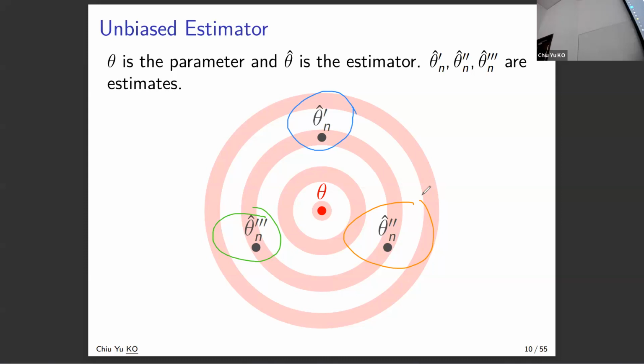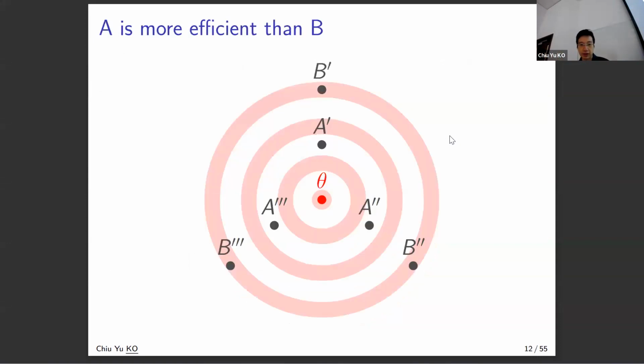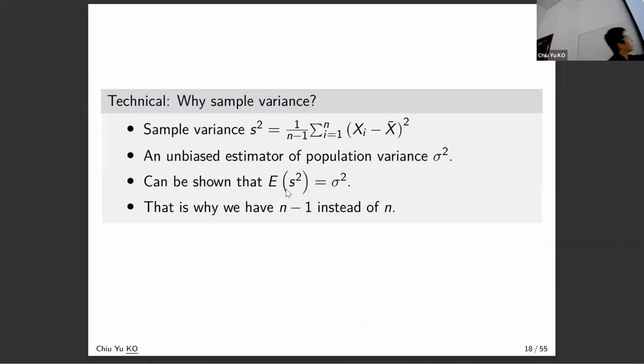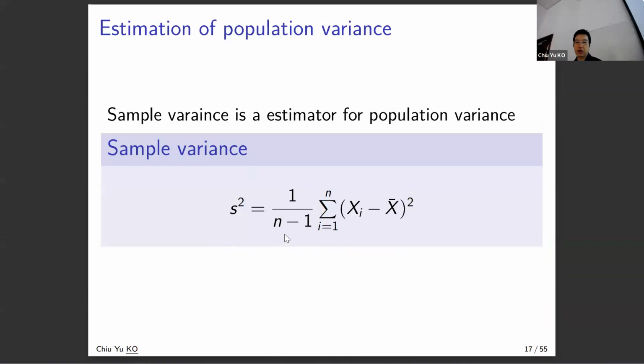This is a classical criterion, and it explains why we use X bar to estimate mu, and S squared to estimate sigma squared. Why is S squared divided by n minus 1, not n? We don't prove it here, but that is the theorem, somewhere in the slides at the back: we can show the expected S squared is sigma squared. So that is the reason why we insist on using this instead of n.